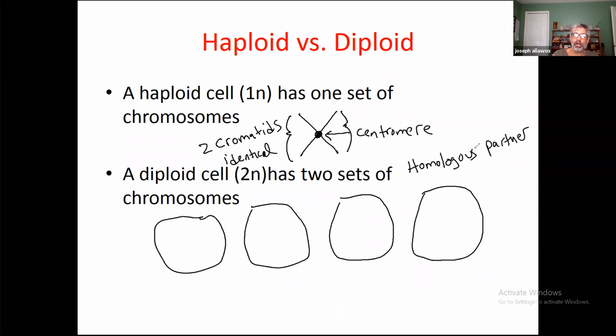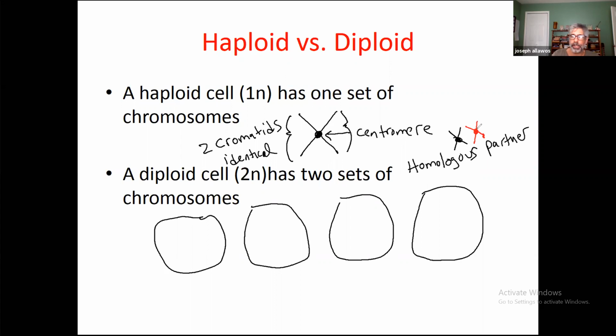So there's a lot of terminology associated with this, as you can see. So this is a replicated chromosome, but I could draw this right here. There's one replicated chromosome, and here's another. And in a diploid cell, every chromosome has a partner.